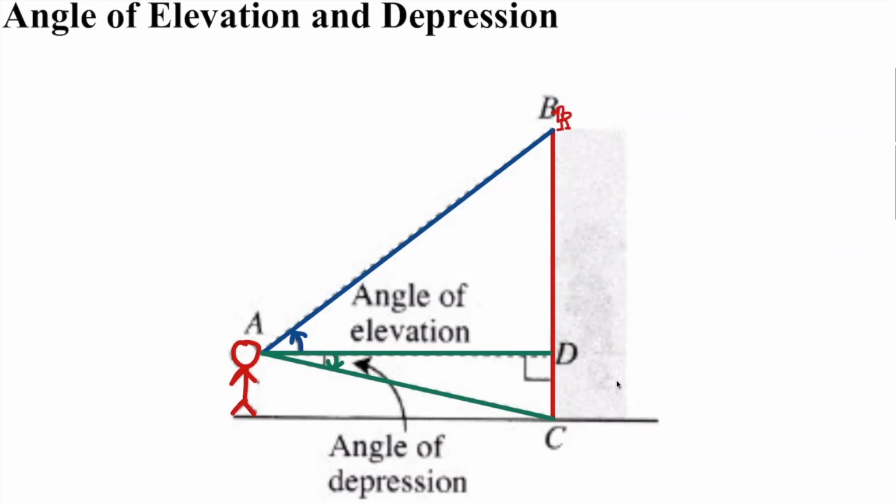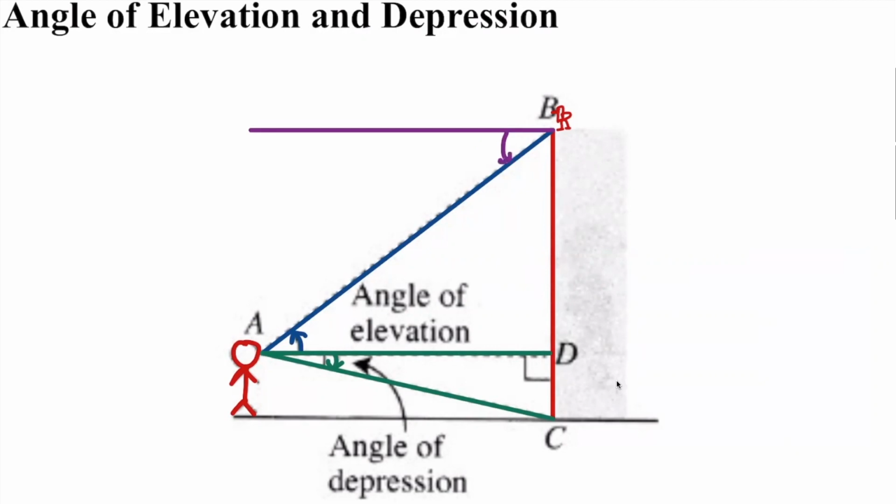If the bird happens to look down at you, the bird must look straight ahead in front of it first, then tilt its head downwards. This is the angle of depression that the bird has of you. This is the angle of elevation you have of the bird.